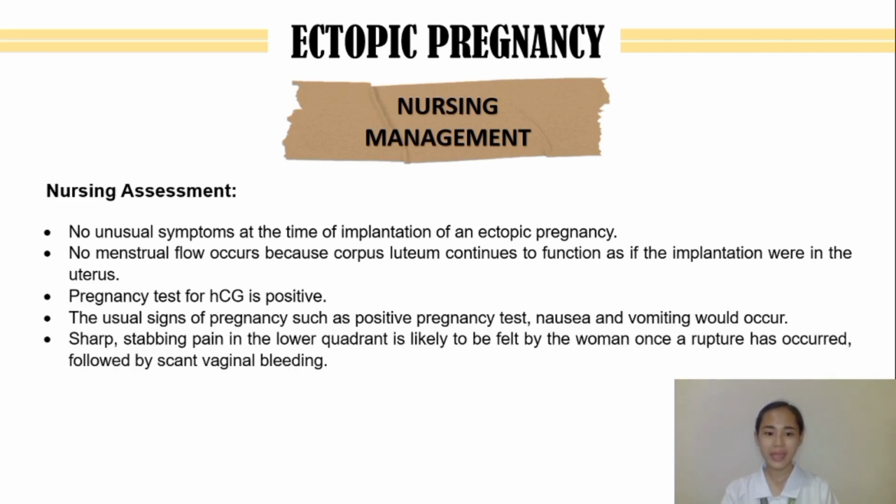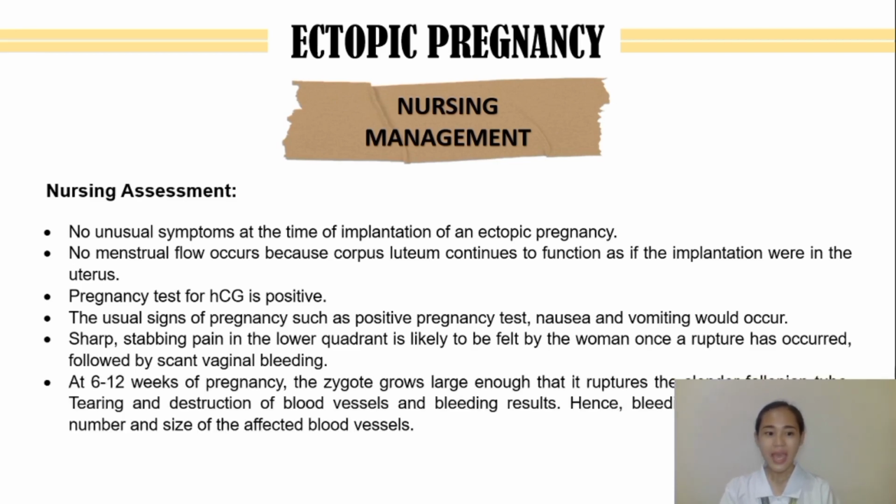Sharp stabbing pain in the lower quadrant is likely to be felt by the woman once a rupture has occurred, followed by scant vaginal bleeding. At weeks 6 to 12 of pregnancy, the zygote grows large enough that it ruptures the slender fallopian tube.